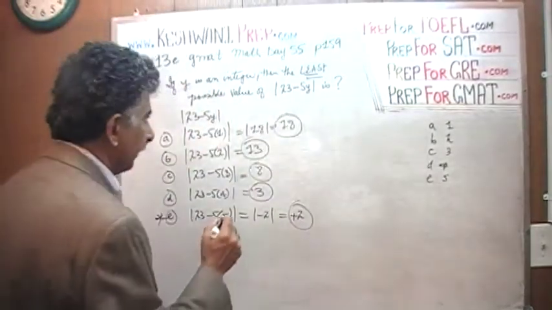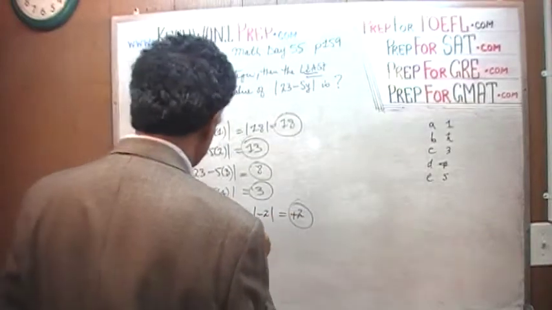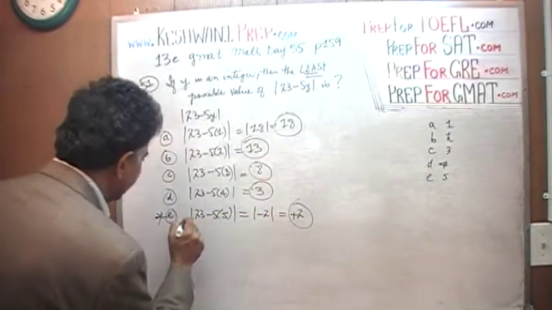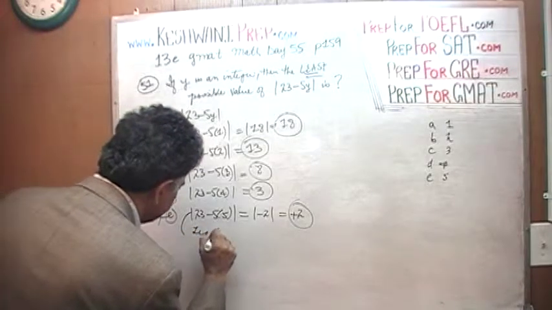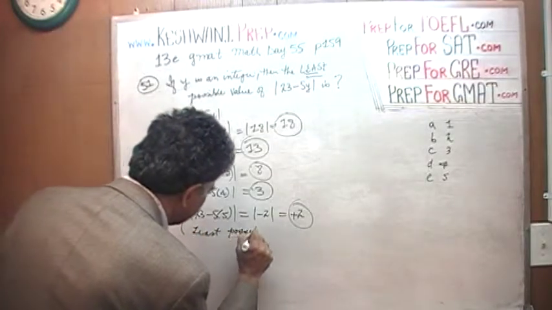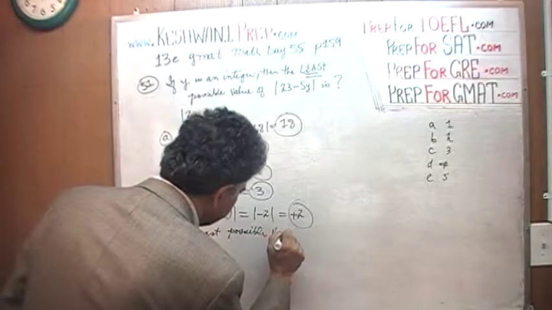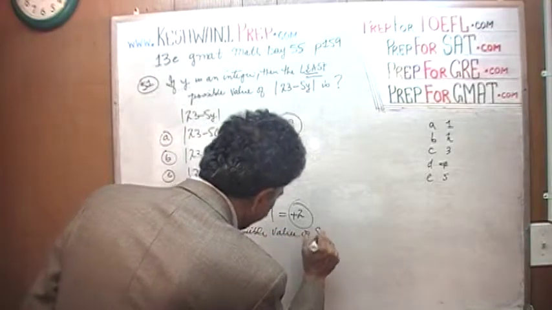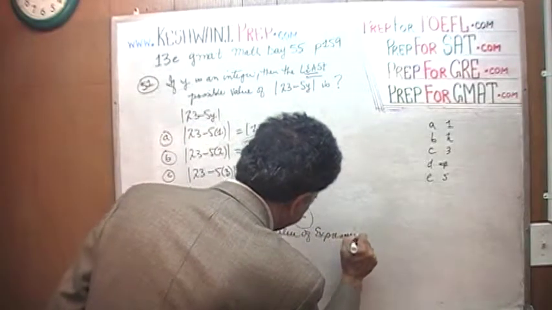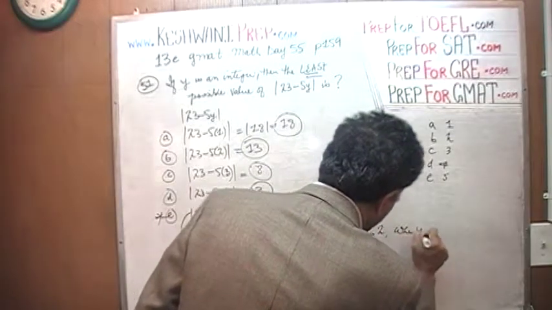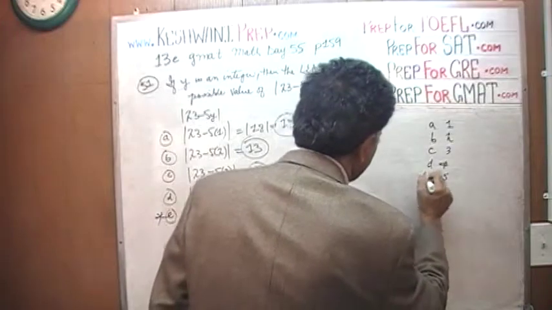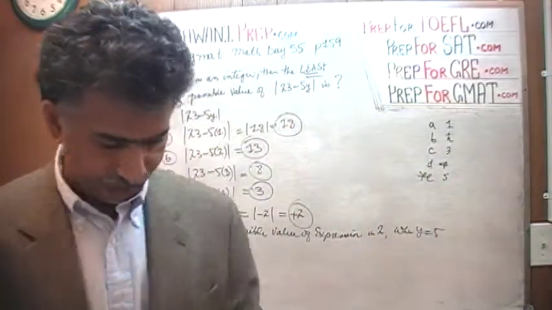The least possible value of the expression is 2 when y equals 5. Well, here's your answer.